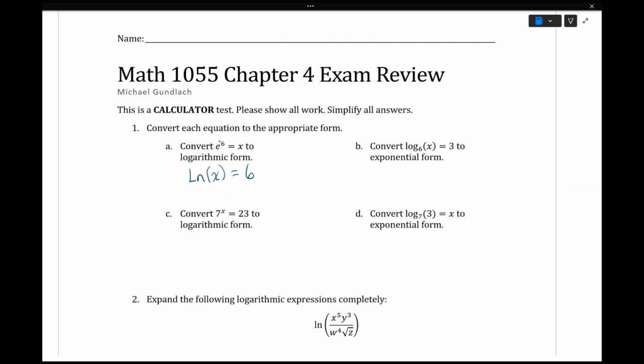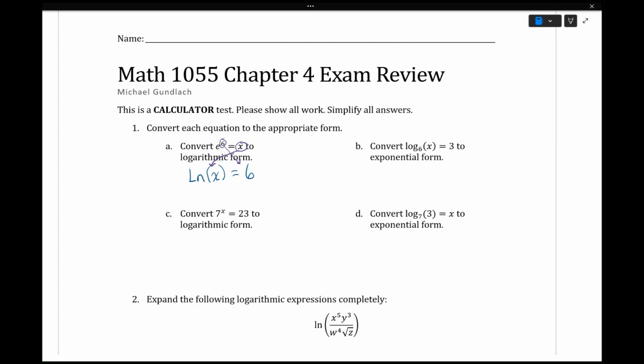So notice that the input of the exponential becomes the output of the logarithm, and the output of the exponential becomes the input of the logarithm. This is the inverse idea that we're switching x and y.